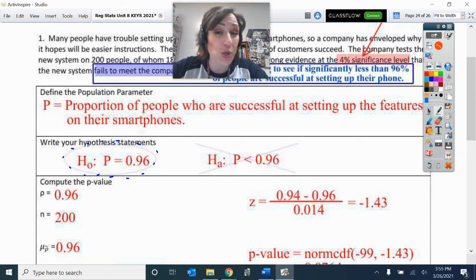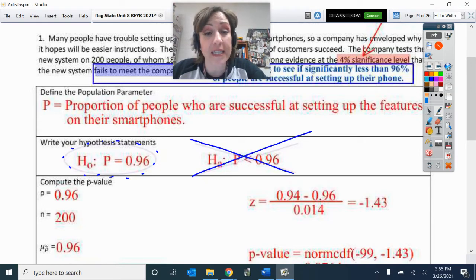I'm not saying that's true, so don't tell me that the null hypothesis is true, and do not tell me that I accept the null hypothesis. No, I just did not have evidence to reject it and determine that p is less than 0.96.